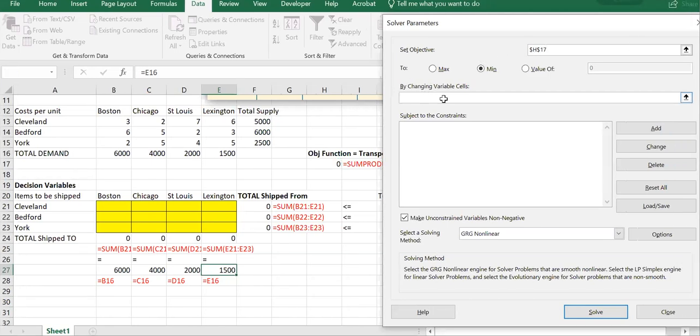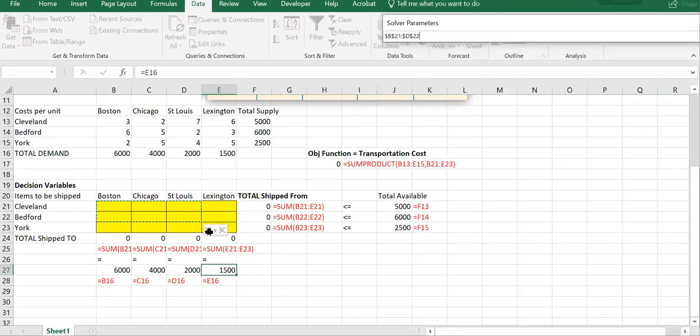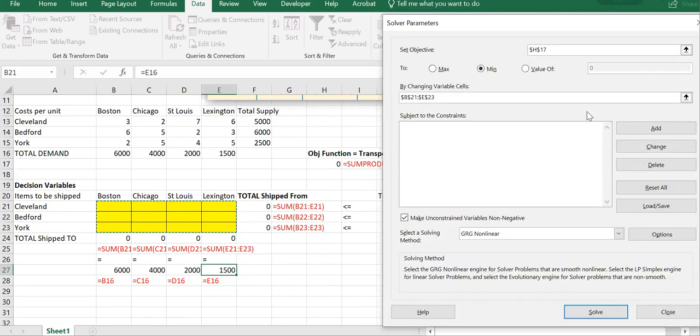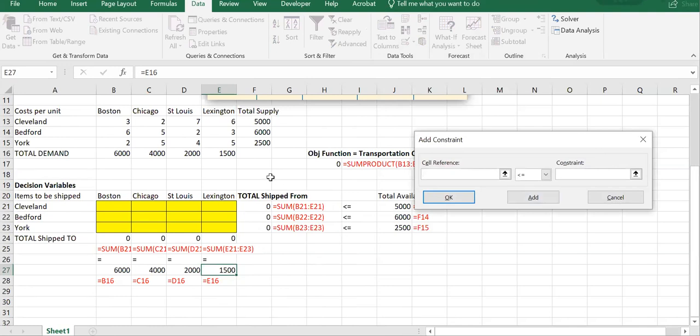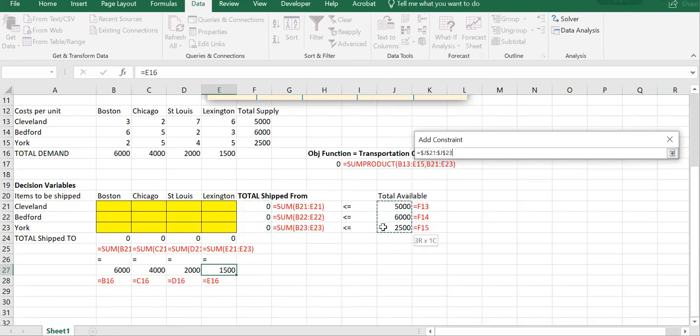Then by changing my decision variables, 12 of them, and my constraints are going to be supply constraints, all of the left-hand sides less than or equal to all of the right-hand sides.